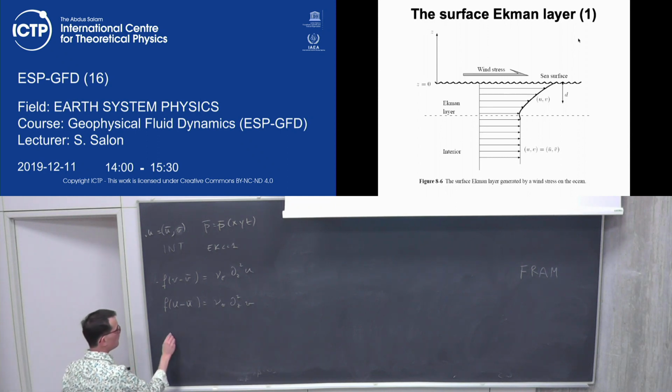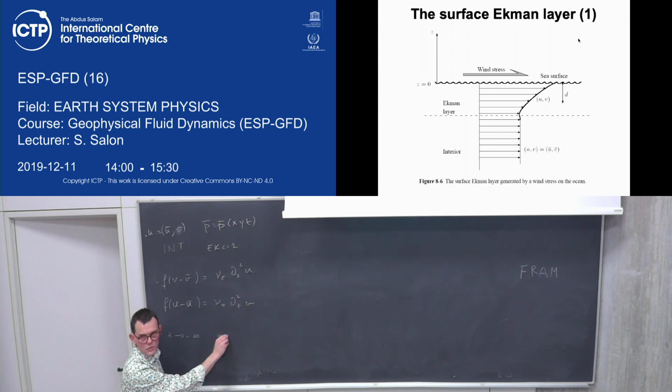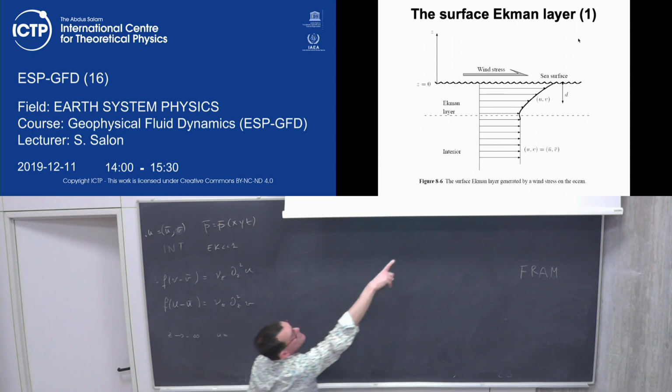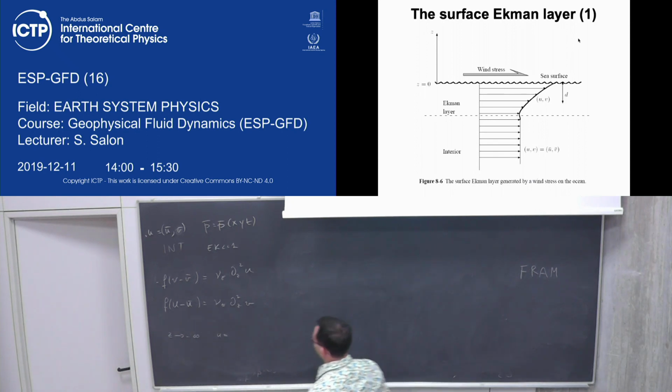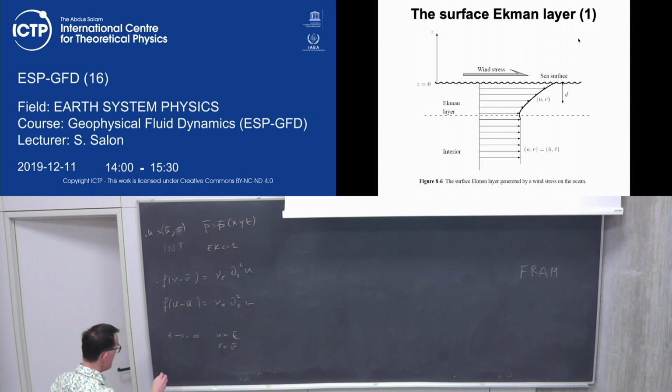When z goes to minus infinity, u will be equal to u bar and v will be equal to v bar. When z goes to 0, it's not 0.